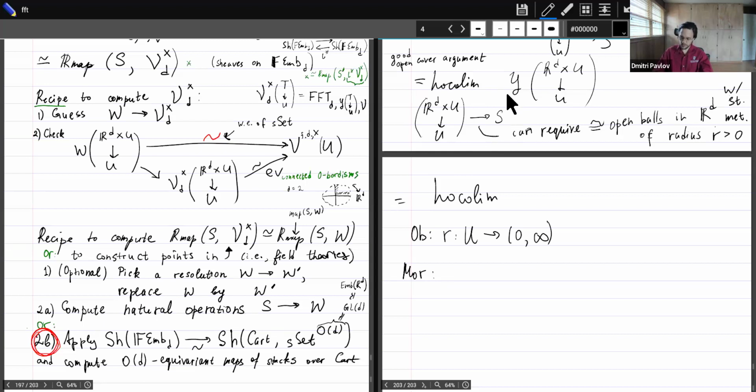A priori, they should be just inclusions or fiber-wise open embeddings that commute with the map to S. So in other words, this map is metric preserving, or an isometry, I should say, in more conventional terminology.